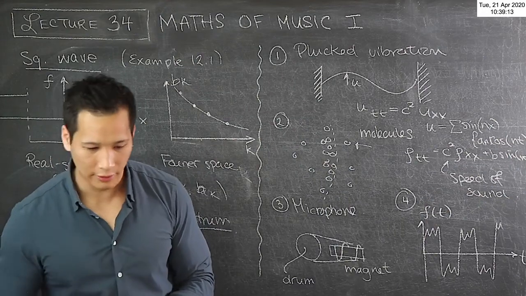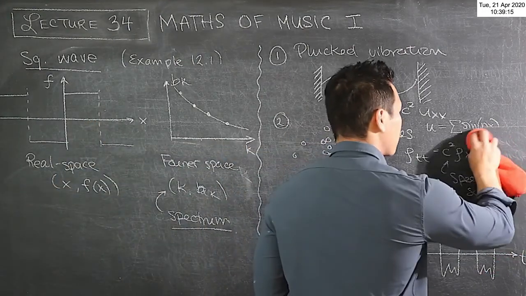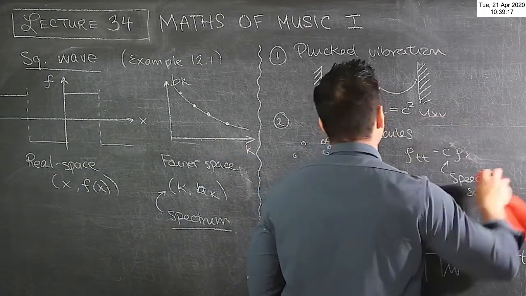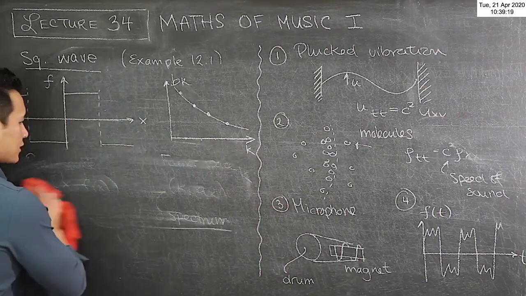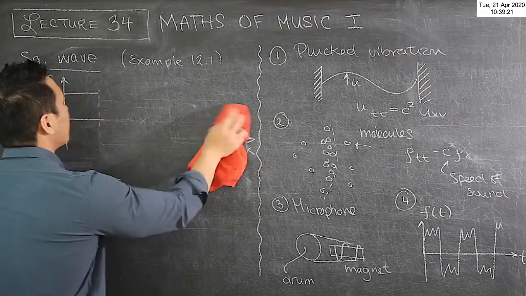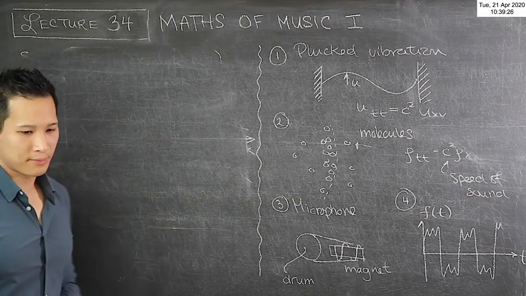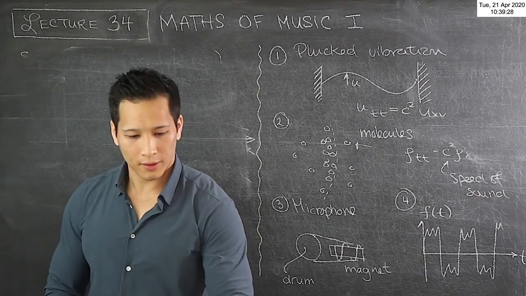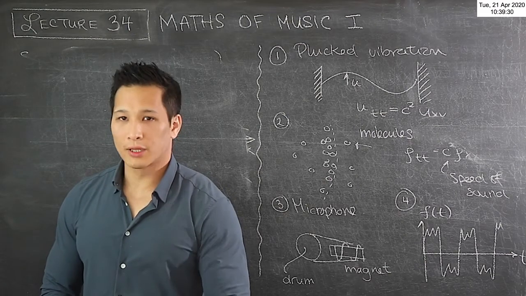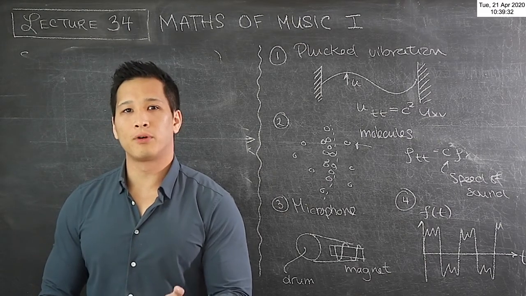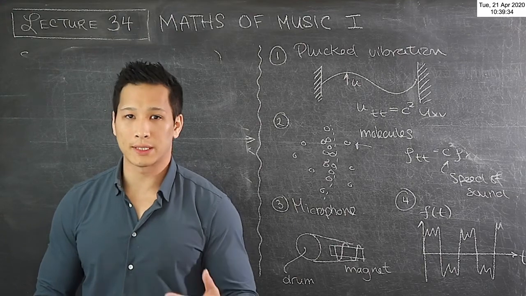But I want to talk a little bit about the change in terminology when you go from Fourier series in space to Fourier series in time. And in particular, the concept of a hertz. So let's talk about a very simple sinusoidal wave in time.